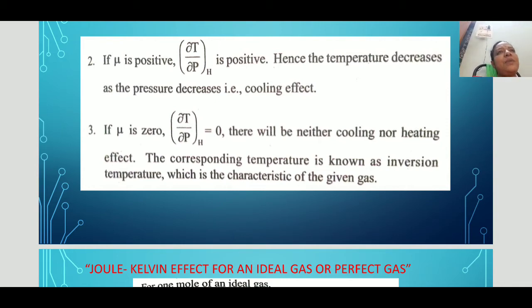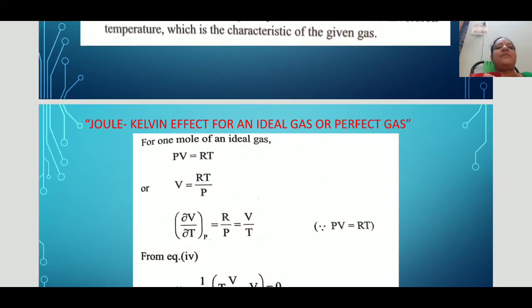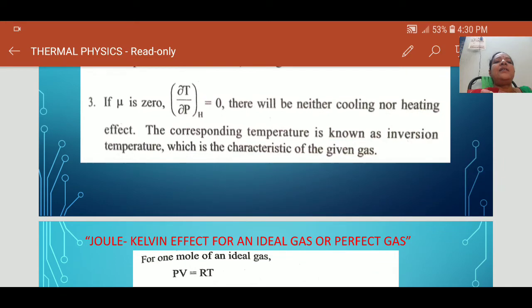Depending upon this inversion temperature, the cooling effect will be more effective. This is the derivation part of the Joule Kelvin coefficient.